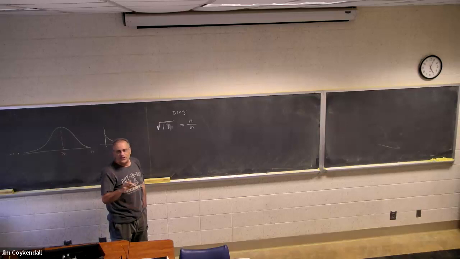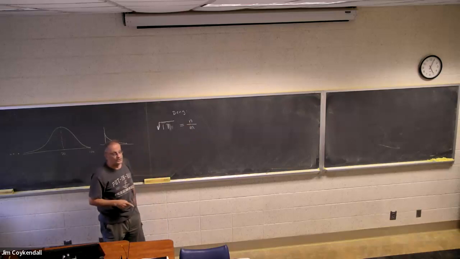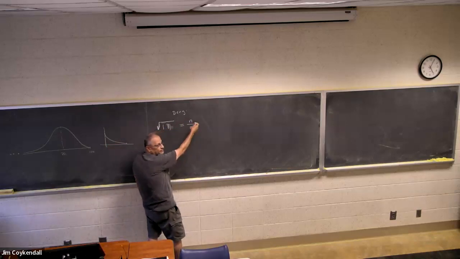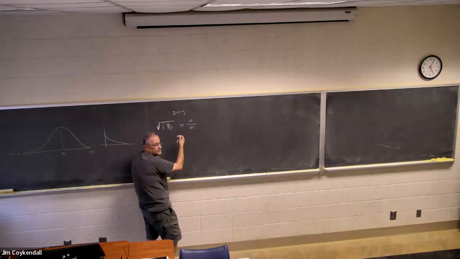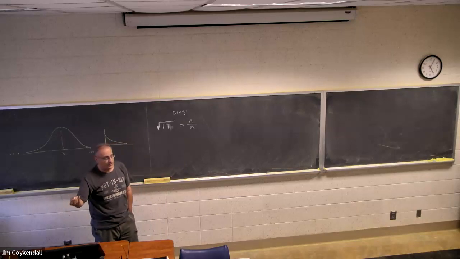Okay? And it's not a big deal. You can show that n and m, both of them, have to be odd. By squaring, you end up with n squared over m squared equals 11. That means n and m both have to be odd.